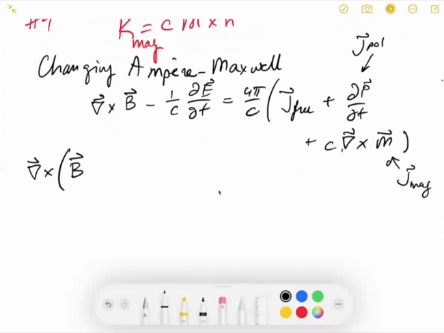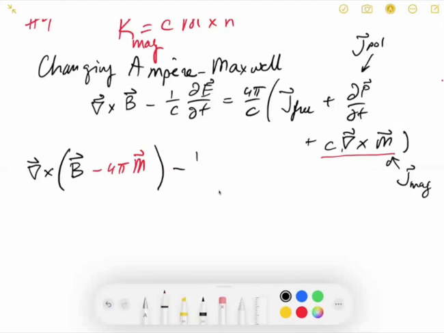We can take this term together with the 4 pi over C, and you see that the C and the C cancel, and I can bring it over to the other side, and now I would get minus 4 pi M. Okay, so that's how we put this term on the left.